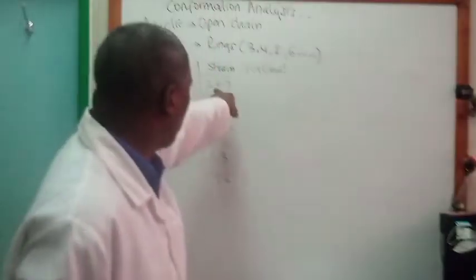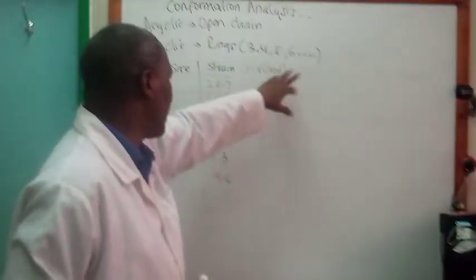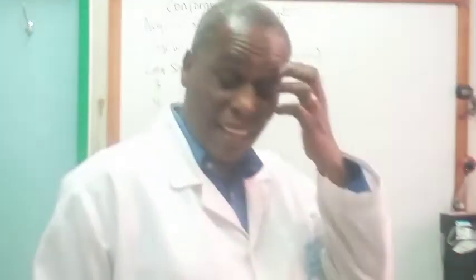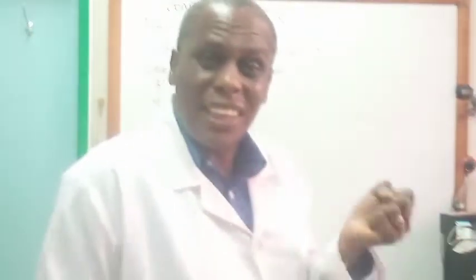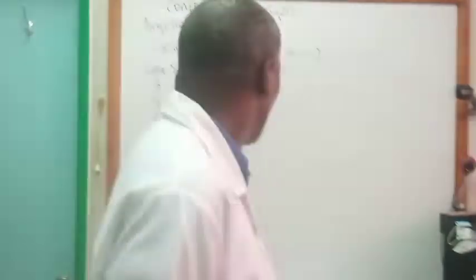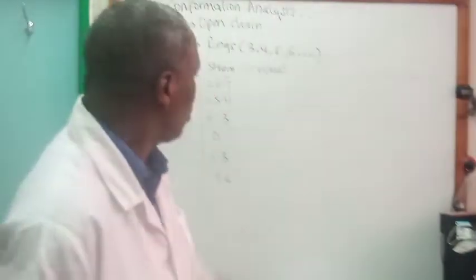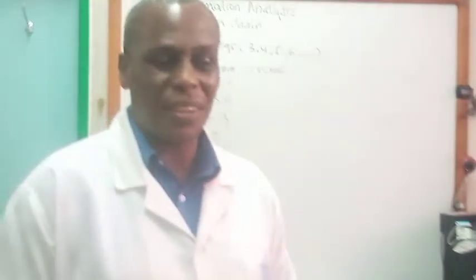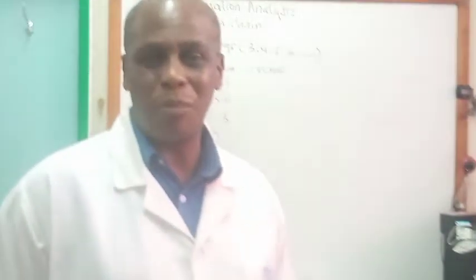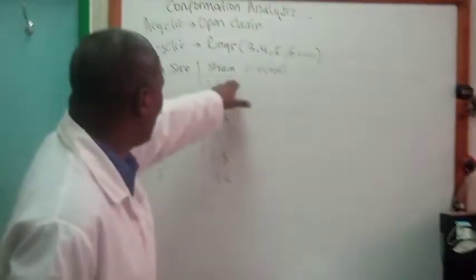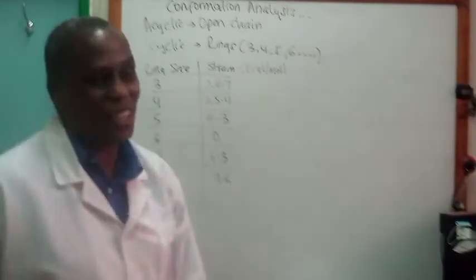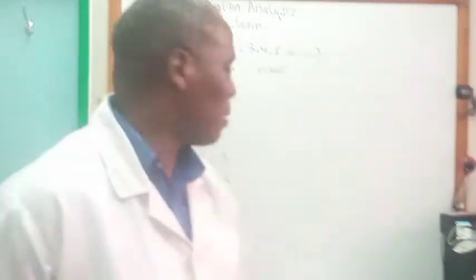So you can multiply by 4.184. So you see it's about 100 kilojoules per mole. That's a significant amount of energy. Almost 110. That is almost equivalent to breaking a carbon-carbon bond. So it's quite a significant amount of energy to have a three-membered ring.